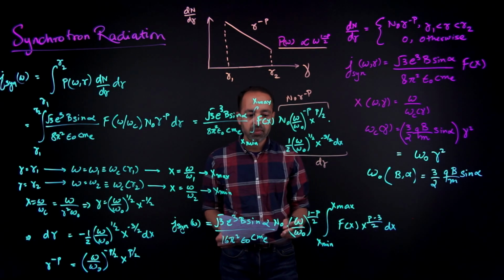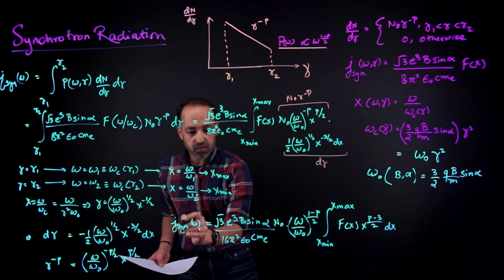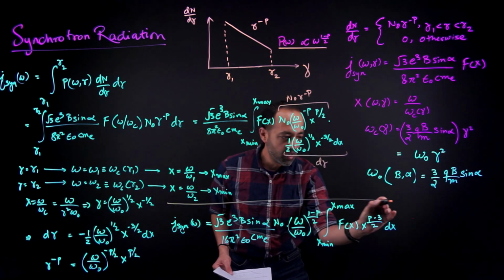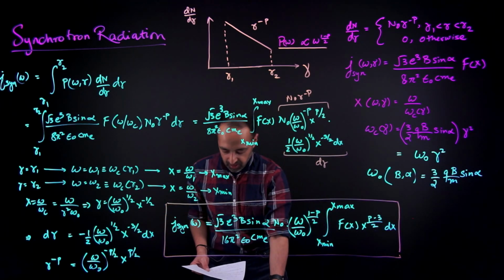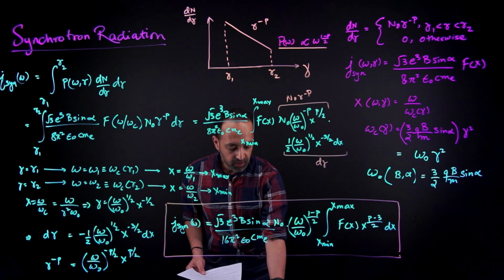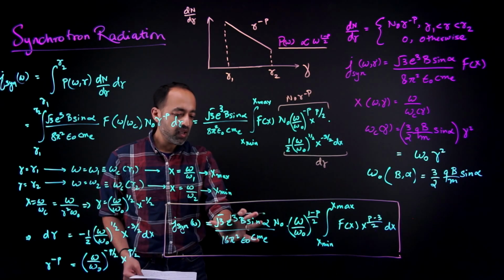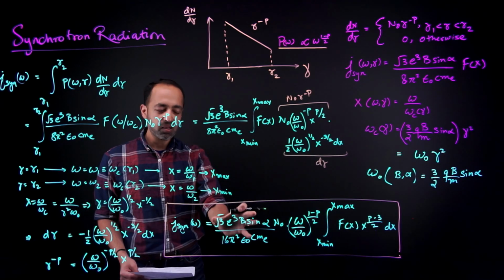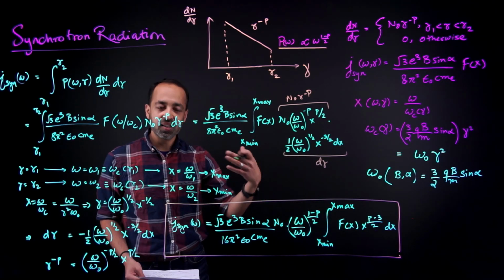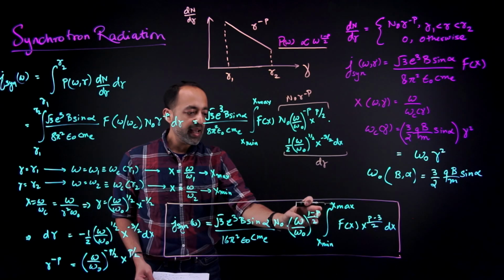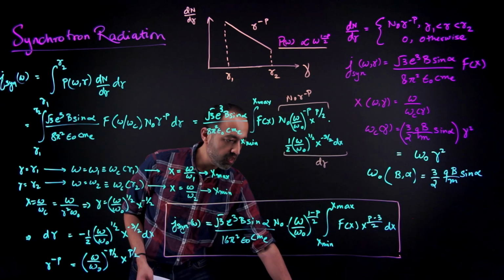Okay, so this final expression is the expression we are looking for. It may not seem that way, but it has all of the relevant information, because now this tells us the radiation spectrum for a power law distribution of particles in its full glory. And we have the normalization factor, which is just a single particle power times the number of particles times the spectral bit, which comes about from integrating the power law distribution.